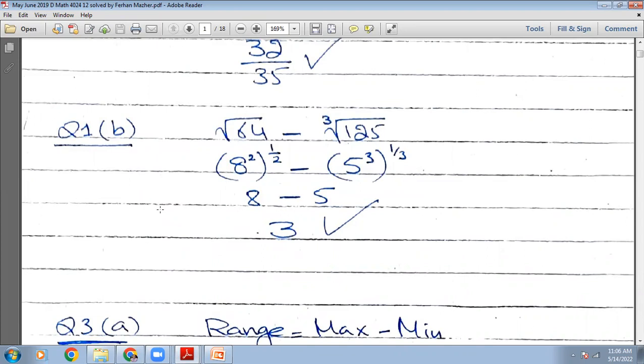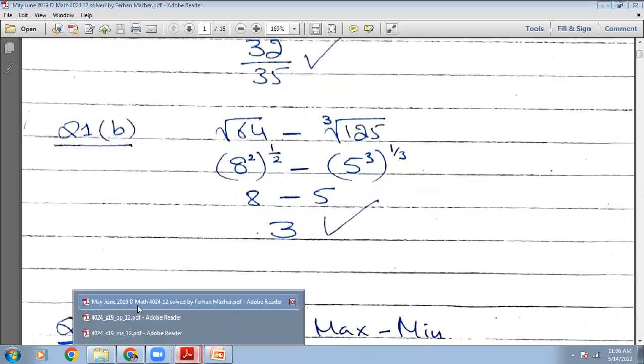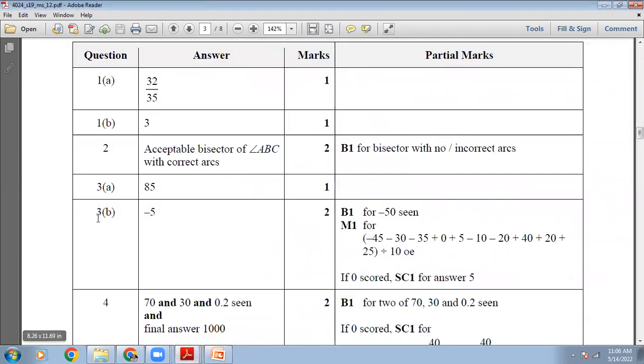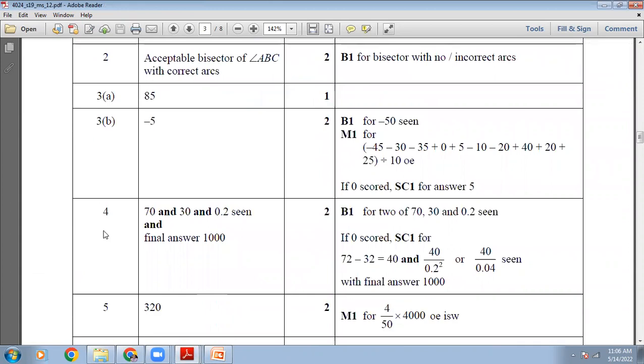The cube root means raised to power 1/3. So 2 multiply 1/2, 2 cancelled, and you will be left with 8 raised to power 1. The 3 will multiply with 1/3, and both 3's will be cancelled. So you are left with 5 raised to power 1. So 8 minus 5, that will be 3. So that's question number 1, its B part. So 3 is the right answer, sir.